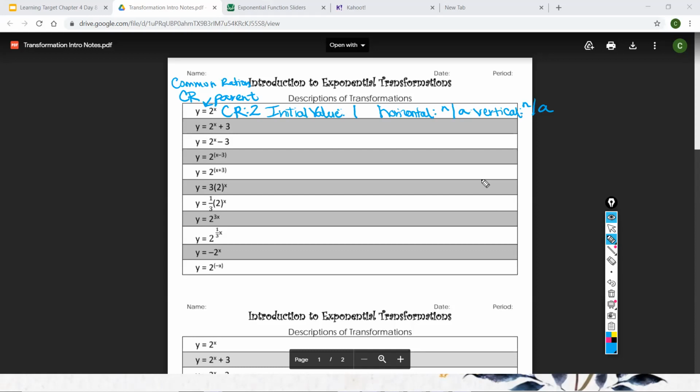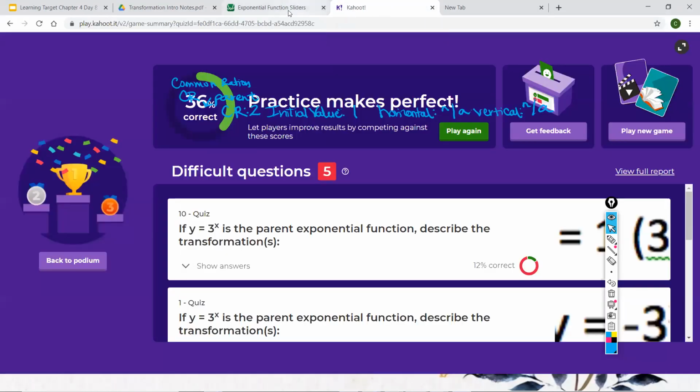All right, I'm going to give you guys like 5 minutes to try to get as many of these done. If you want me to check, just raise your hand and I'll come check.